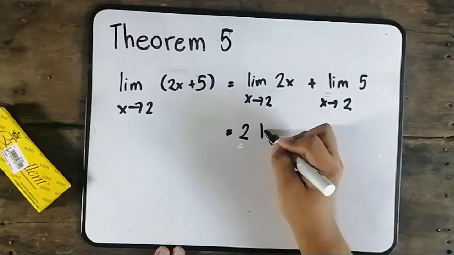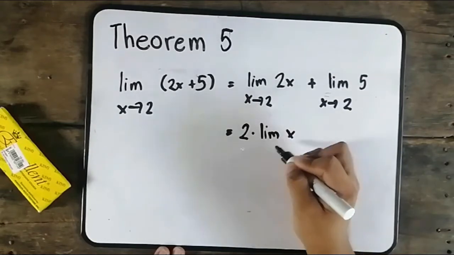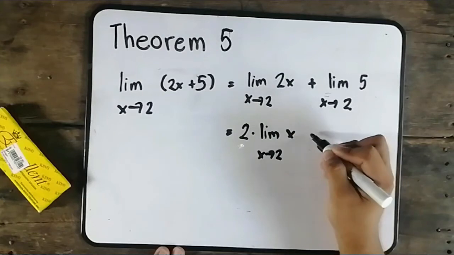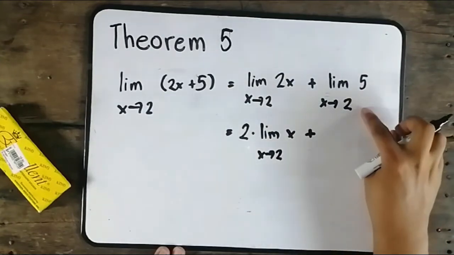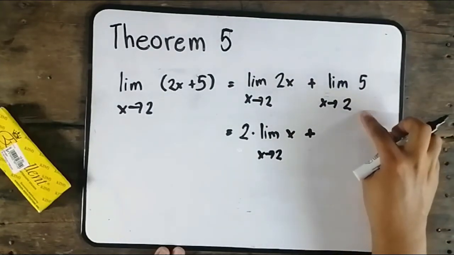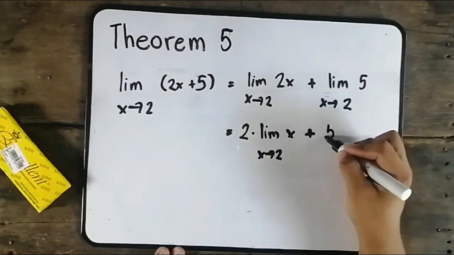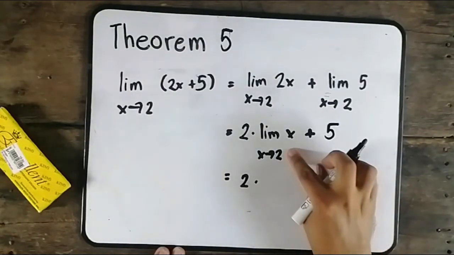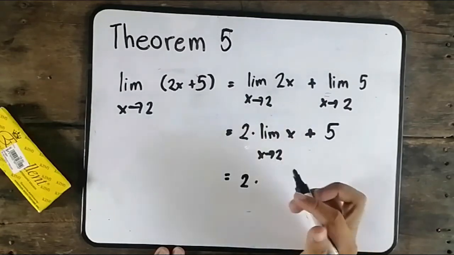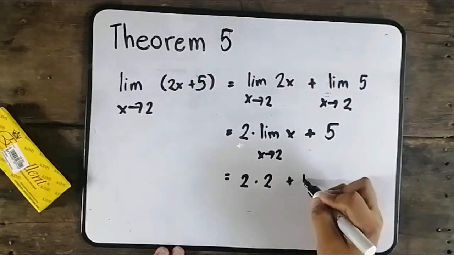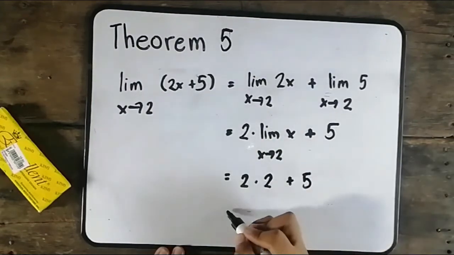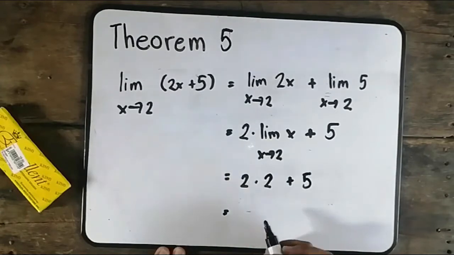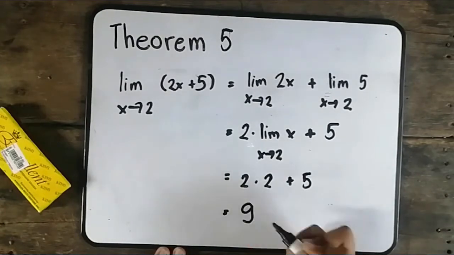So we have 2 times the limit of x as x approaches 2 plus eto, limit of a constant. Okay? Ano lang to? This is equal to 5. So we have 2 now times eto by Theorem 3. The limit of x as x approaches 2 is 2 plus 5. So the answer now is 2 times 2 is 4 plus 5. The answer is 9.